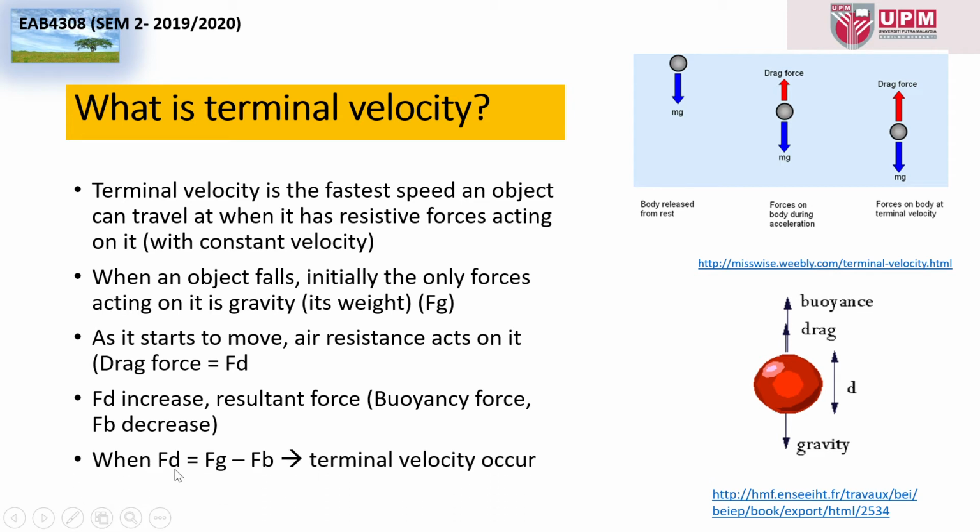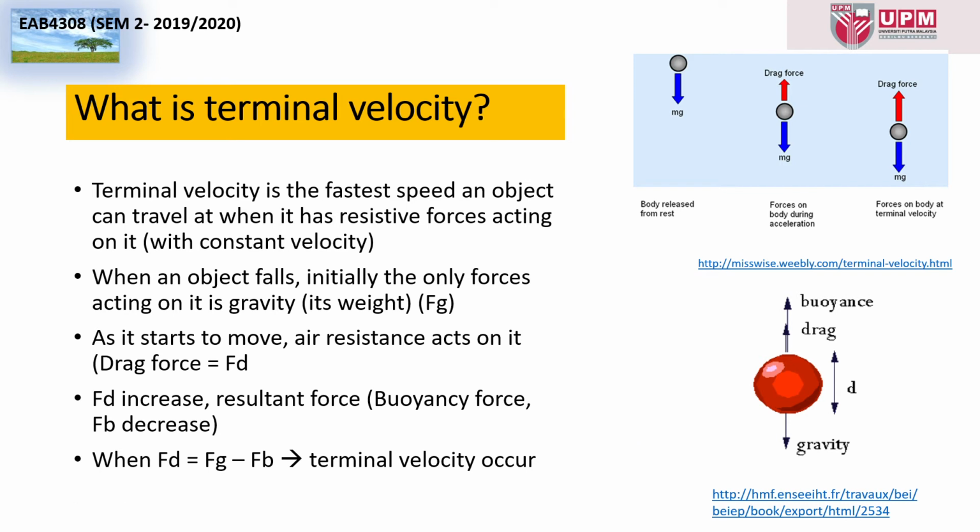When drag force is equal to weight minus Fb, the buoyancy force, this is when the terminal velocity will occur. I hope from these two figures, it will help you to understand what terminal velocity is.